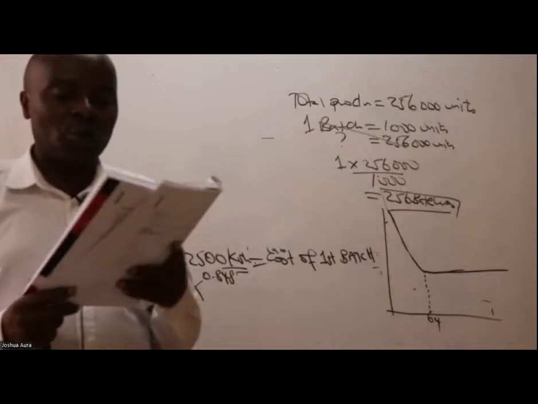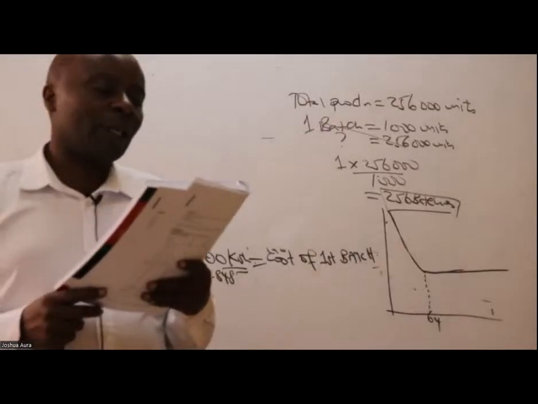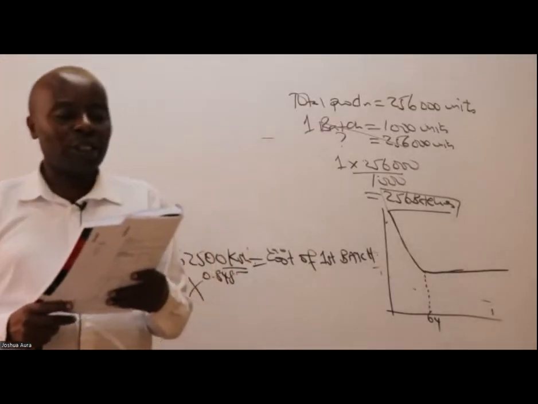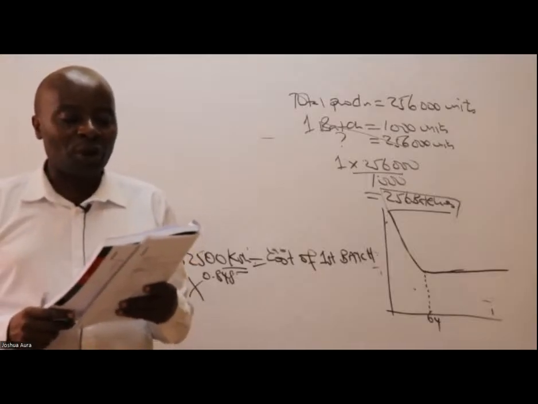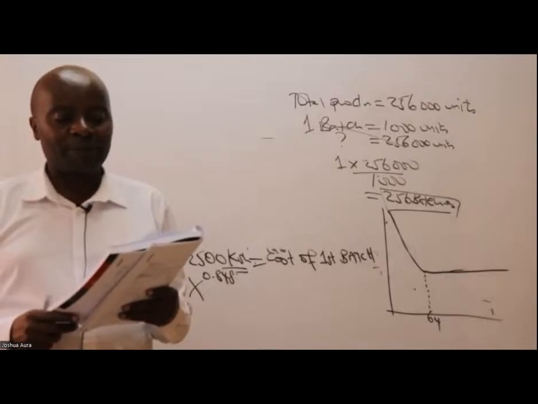What they've told us in the question, ladies and gentlemen, is quite interesting. If I was to begin reading from the beginning, we are told Jambo Limited is a multi-product firm. The company intends to launch a new product branded ZP in the coming months. Production will be in batches of 1,000 units throughout the life of the product.